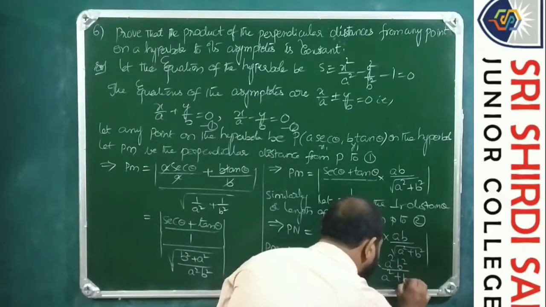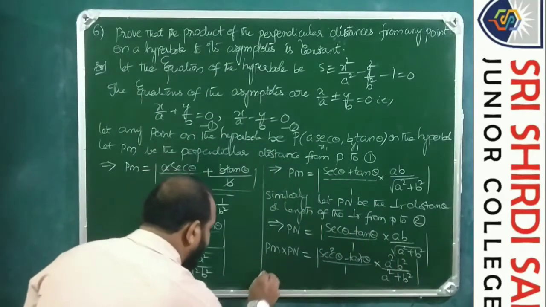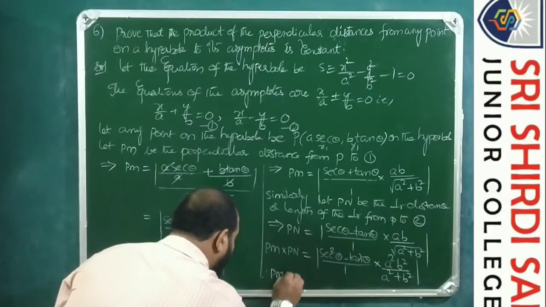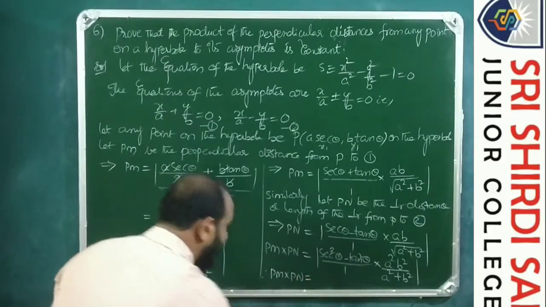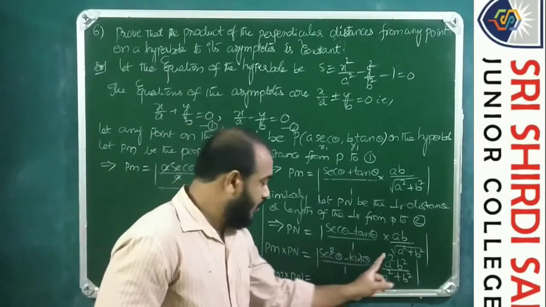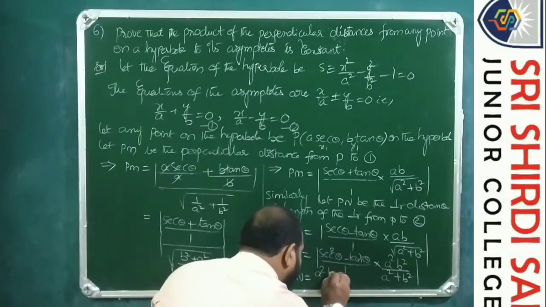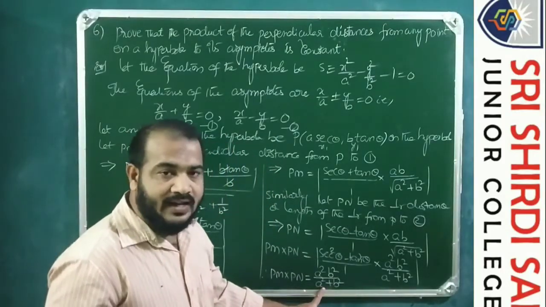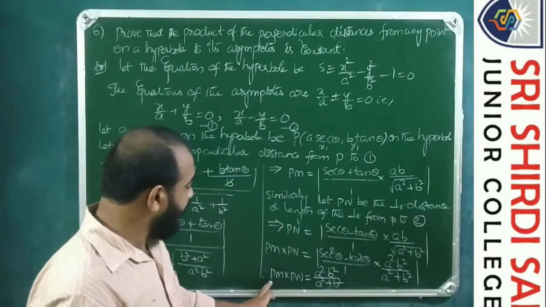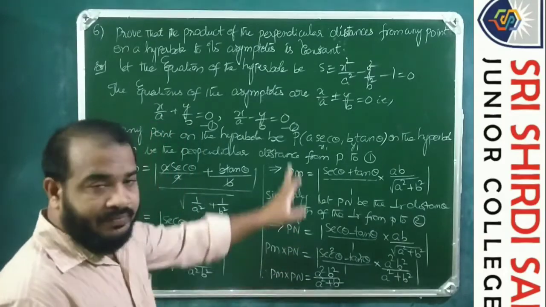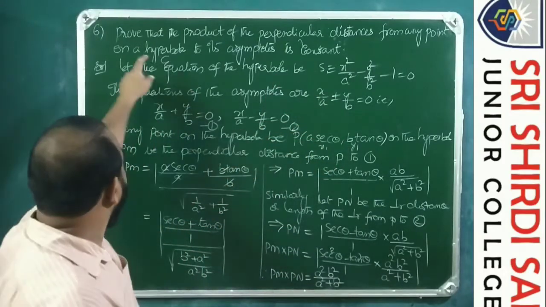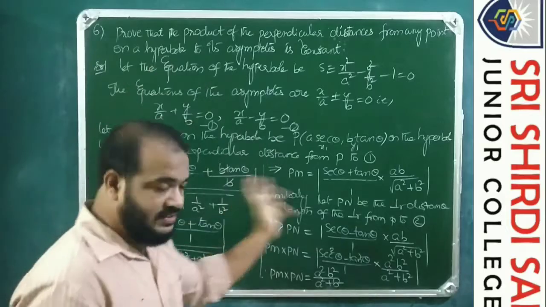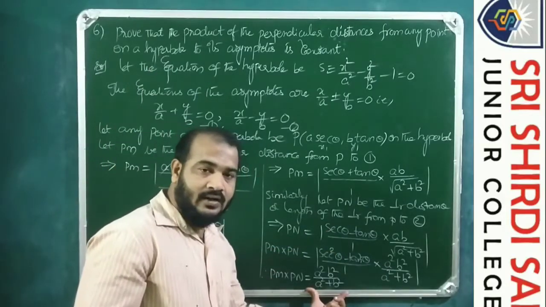Therefore PM into PN equals a square b square by a square plus b square, which is free from the variables x and y. Therefore the product of the perpendiculars from any point P on the hyperbola to the asymptotes is a constant.